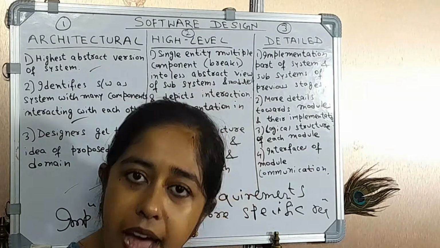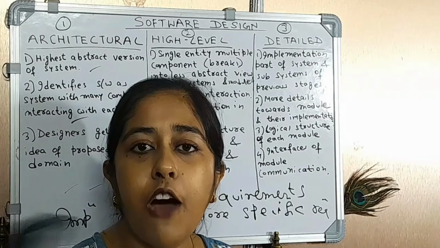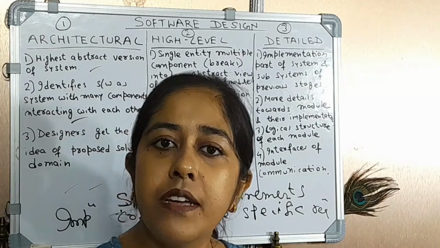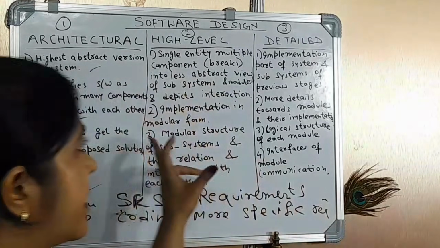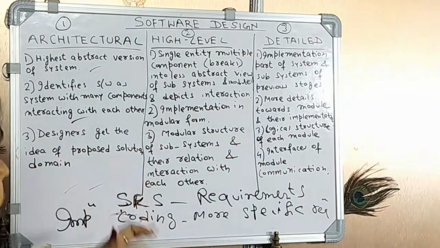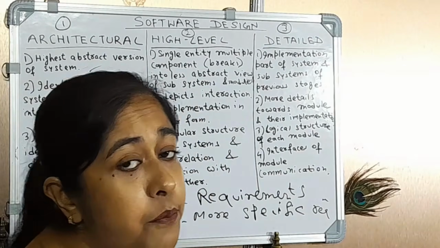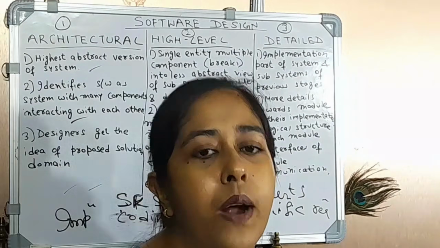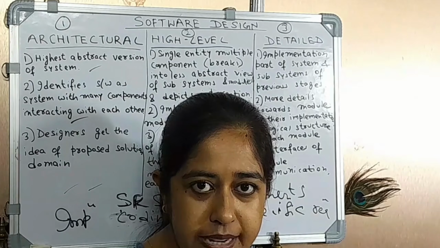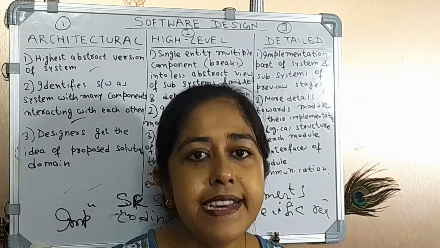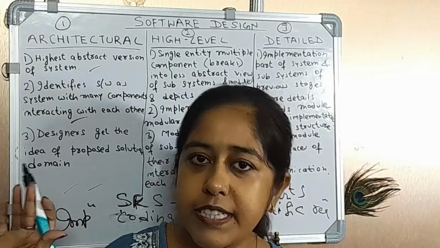After doing their work, they give the output to another component, and that component again works. So this is going on in this first phase. And third, the designers are getting a proposed solution domain. I have the problem, so what kind of solution am I going to get? That idea is going to be achieved at the first level.